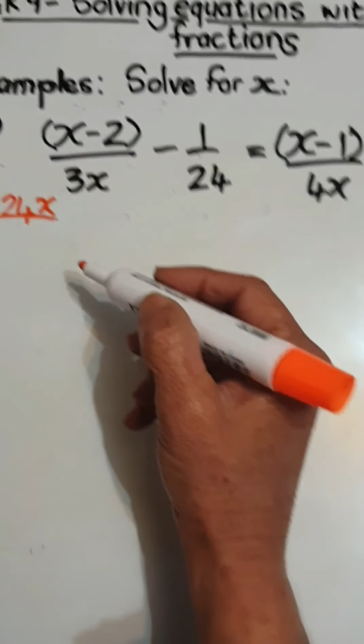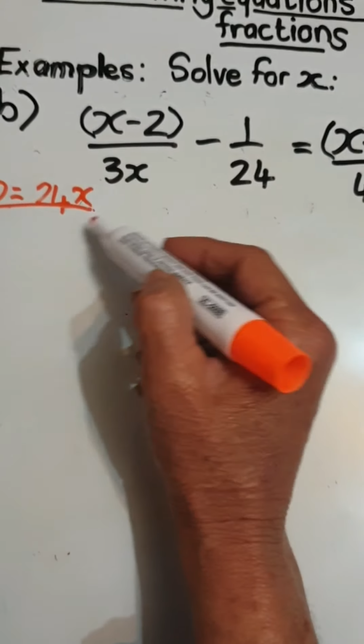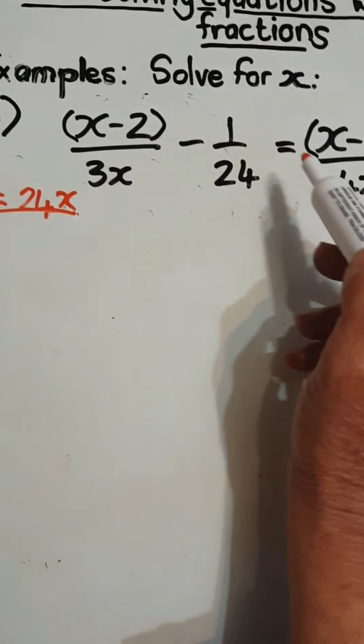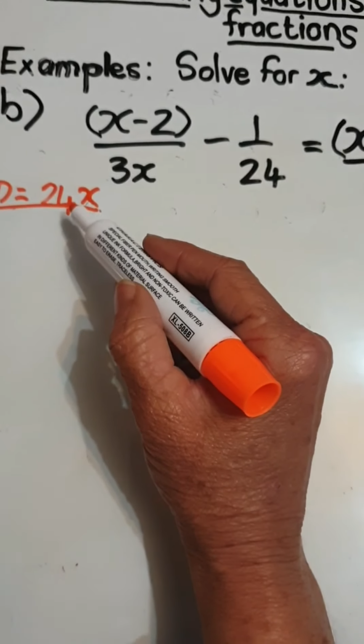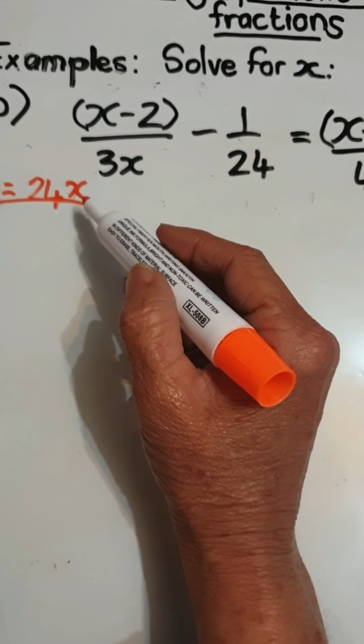Okay, right. So now we're going to multiply all the terms in the equation with the lowest common denominator, which is 24x.